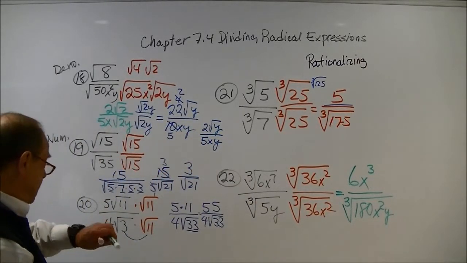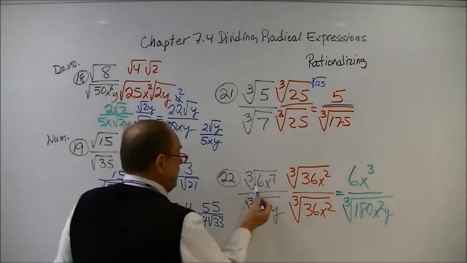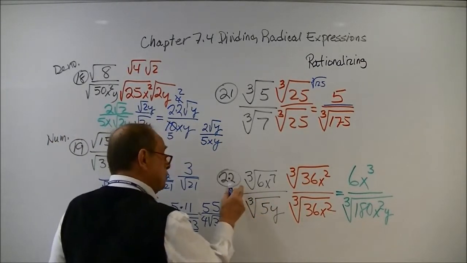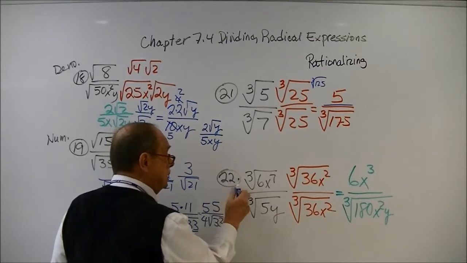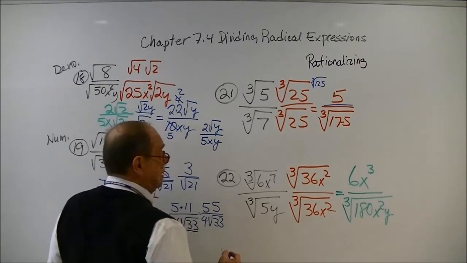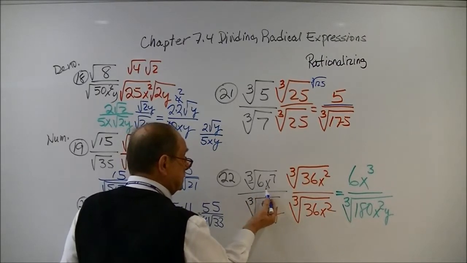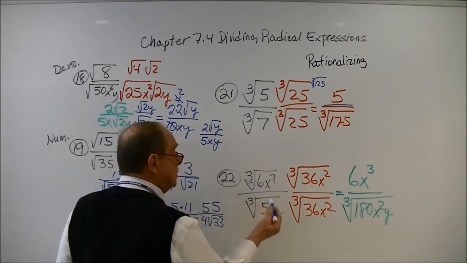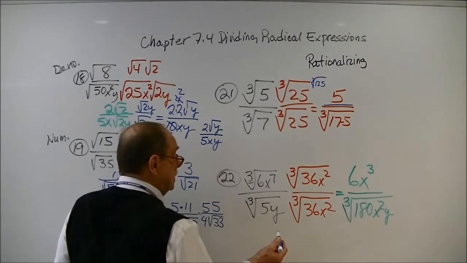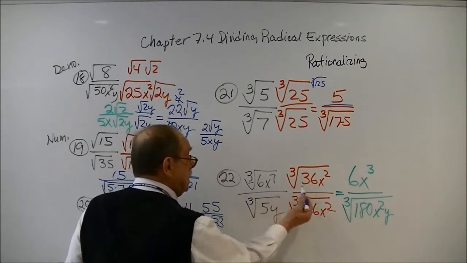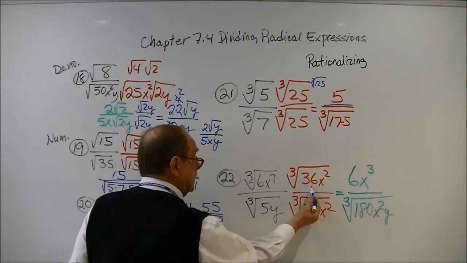And for our last example, we had this originally, and again we're rationalizing the numerator, and it is to the 3rd power. And we had this, so to make 6 into a perfect cube, I have to multiply it by 36.